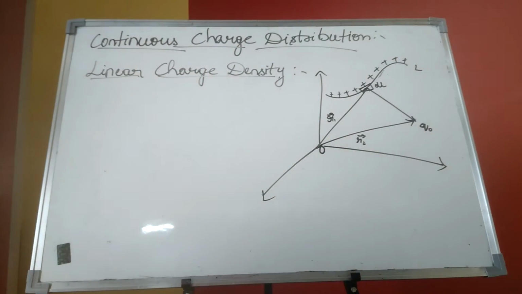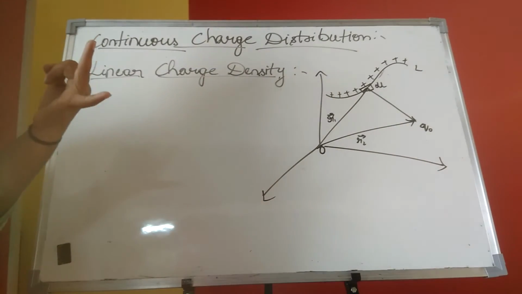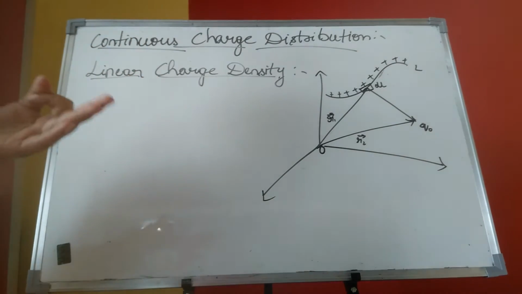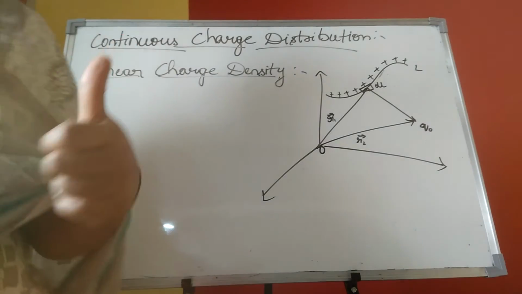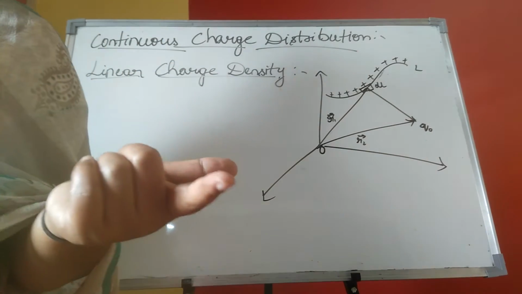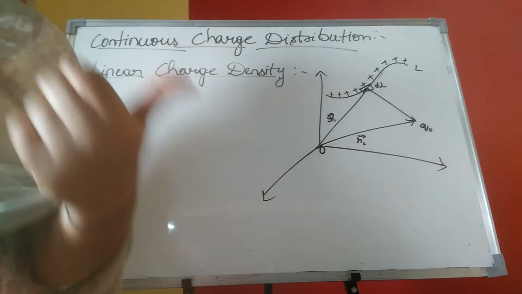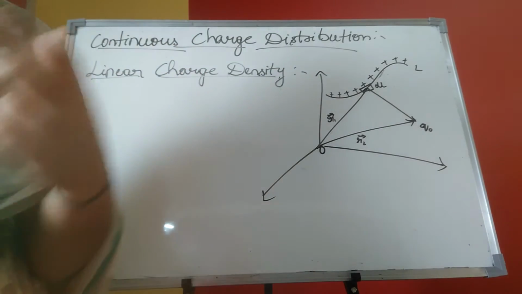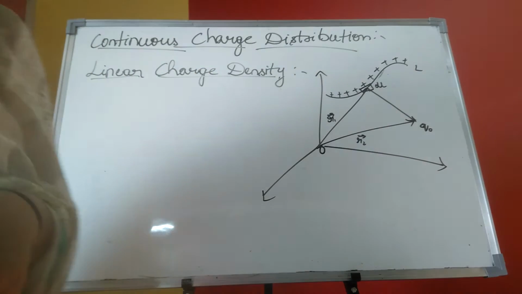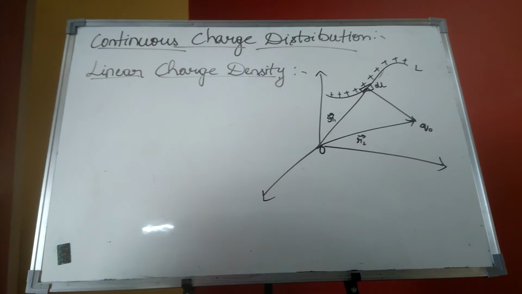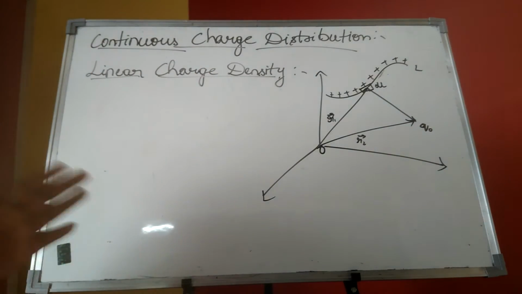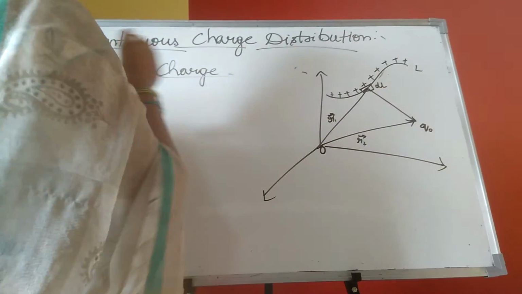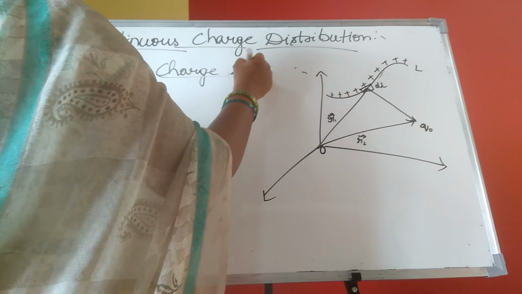Based on that, we have linear charge distribution, surface charge distribution and volume charge distribution. So first we shall concentrate on the linear charge distribution, or linear charge density. Let us now write it as linear charge distribution.